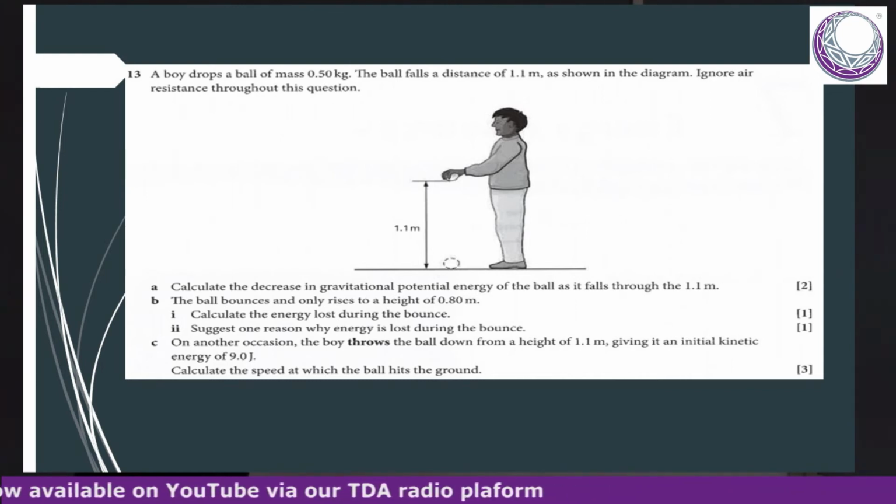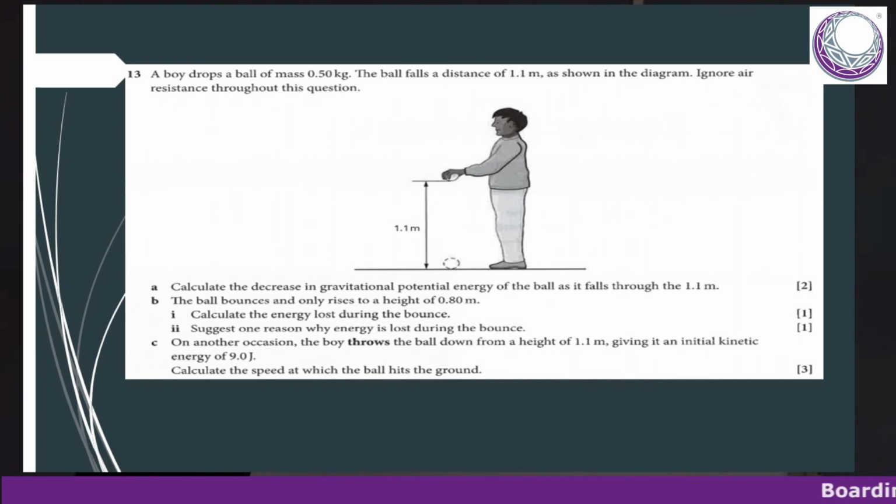A ball drop, a ball of mass 0.5 kg. The ball falls a distance of 1.1 meters as shown in the diagram, ignoring air resistance throughout this question. So 1.1 there, distance or height, and the mass of the ball given here is 0.5. Then you have your calculations that you are supposed to do there.